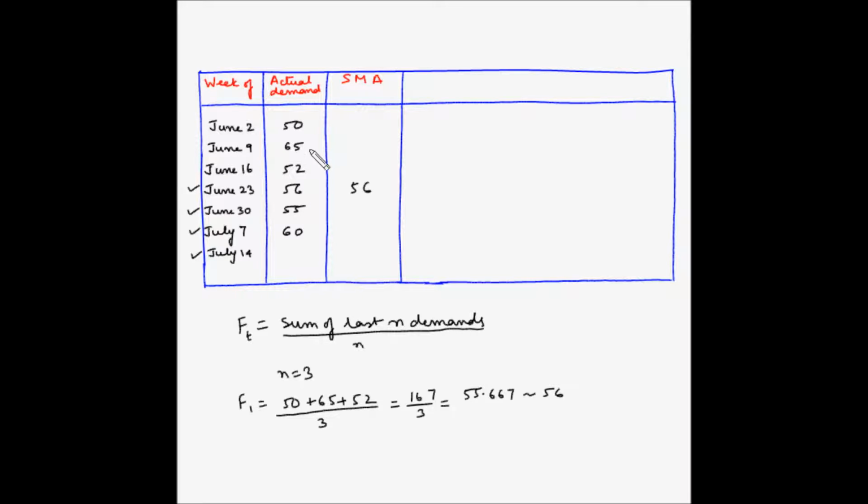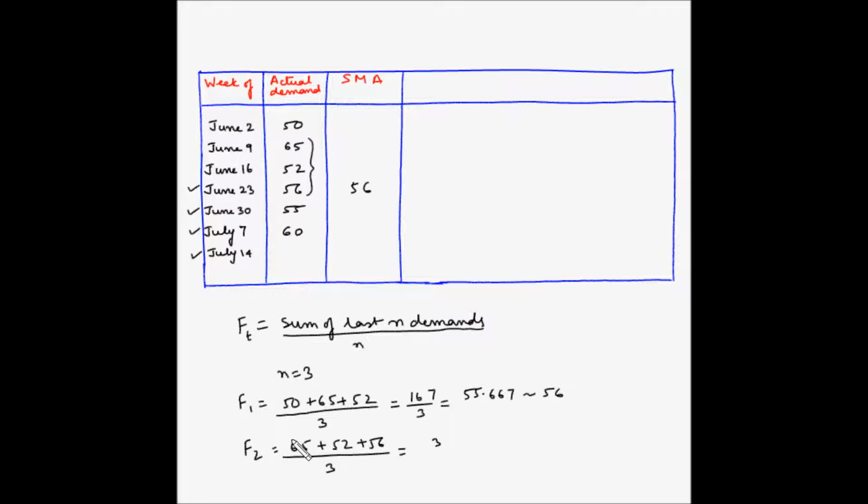Now in this case, we'll take the last 3 periods, which is this. So forecast is equal to 65 plus 52 plus 56 divided by 3. So this is equal to 6 plus 2, 8, plus 5, 13.